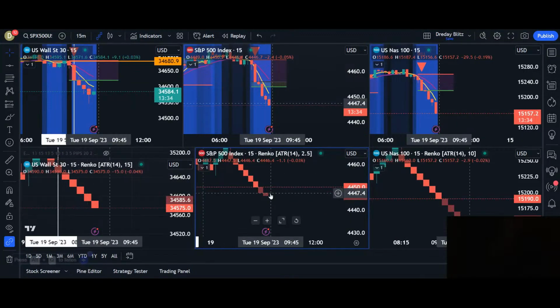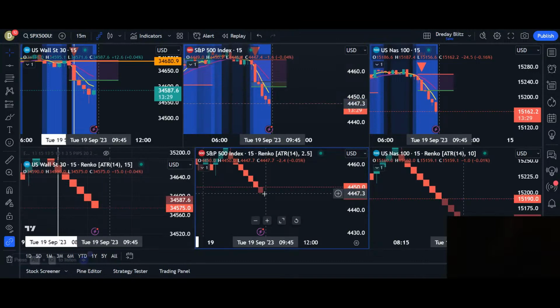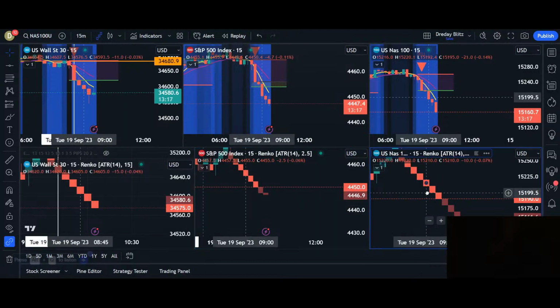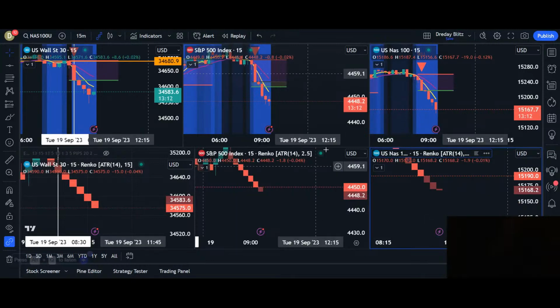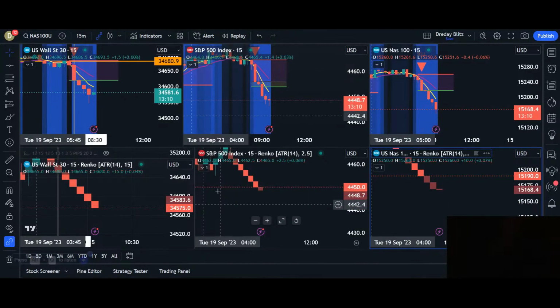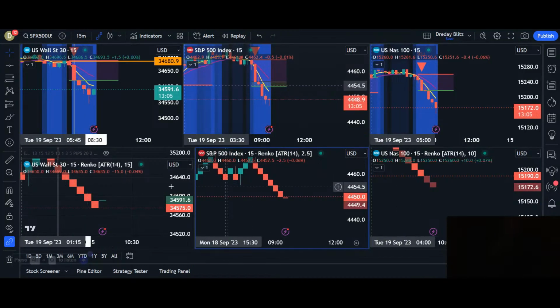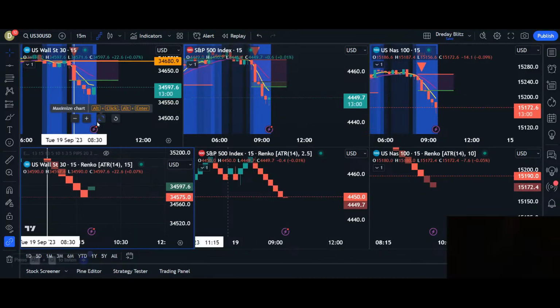So that's what we have here on S&P 500. So it's grayed out. So that's the Renko bar that's being created here. So as long as the Renko bar is not the same color as this one, that means that the market is still moving. It's undecided. Same thing for Nasdaq. So if that's the case, you're keeping your trade on in the same direction as your original entry.